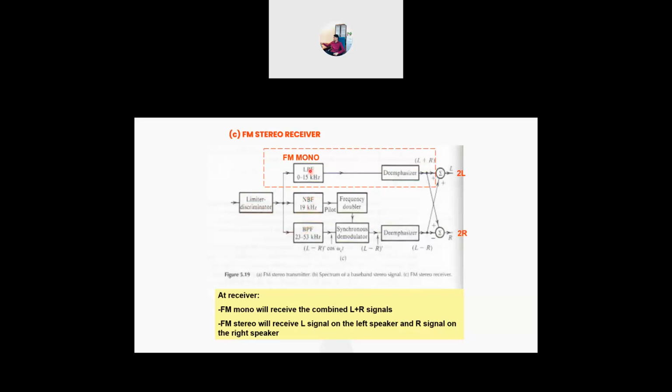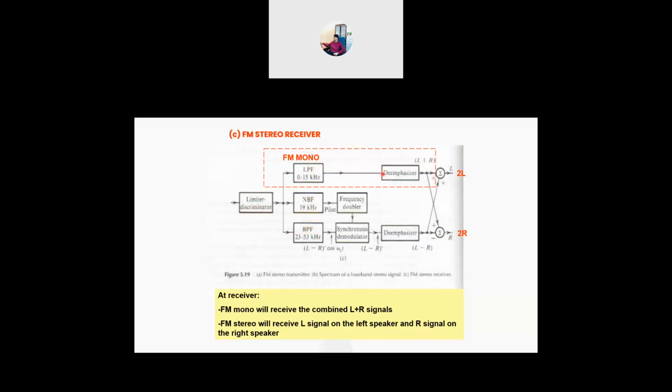Narrow band filter, and then we have the low pass filter. The low pass filter is from 0 to 15 kilohertz, so this one is actually your FM mono.